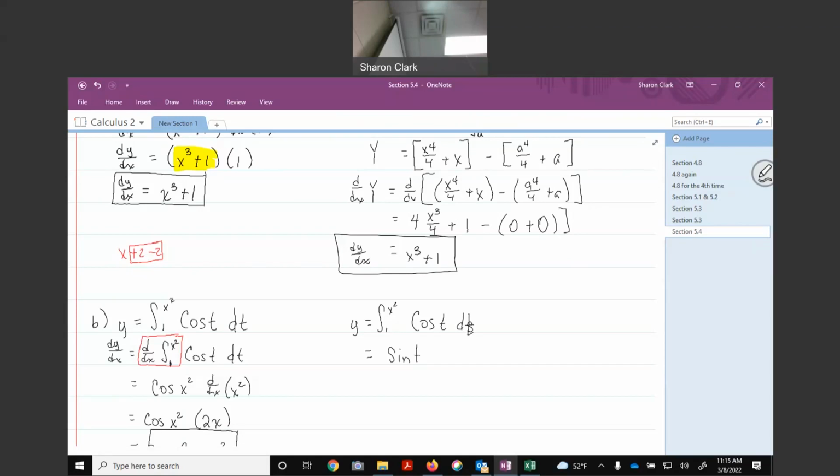Yeah, we got to do the anti. So this is from 1 to x squared. So this would be sine x squared minus sine of 1.